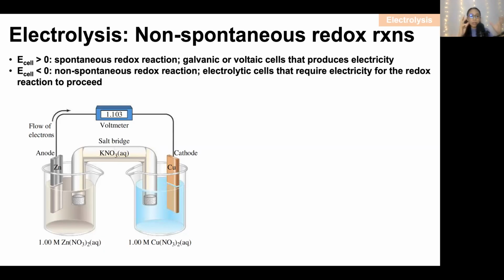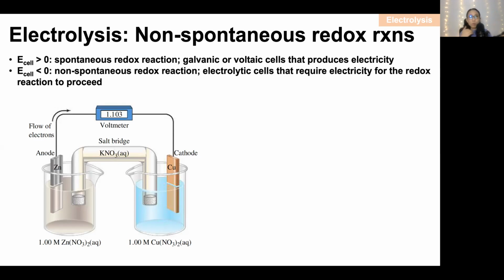However, if you create a cell wherein the reaction is reversed, so you have the products becoming the reactants and the reactants becoming the products, that will give you a positive cell potential of the same magnitude.